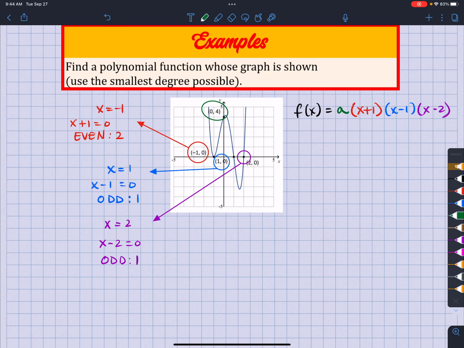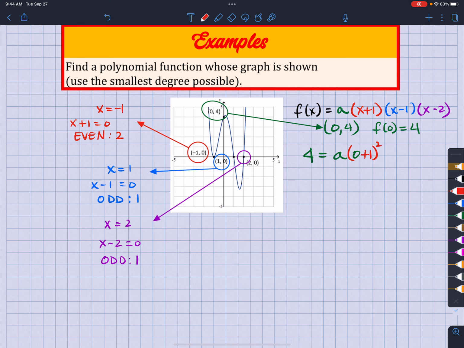This piece tells me that I have the point (0, 4). What does that mean? That means f of 0 is equal to 4. So let's plug that into this equation. f of 0 is equal to 4, so 4 is equal to a times 0 plus 1.